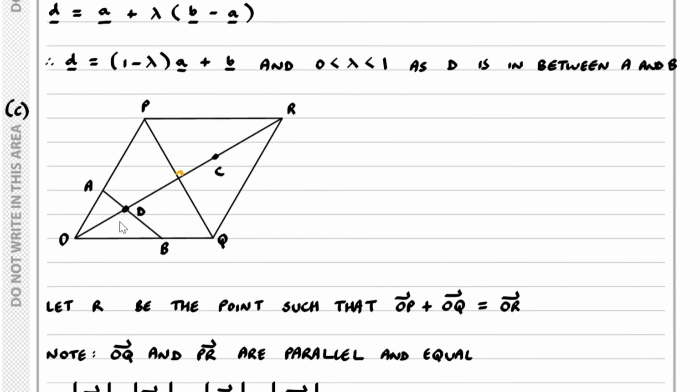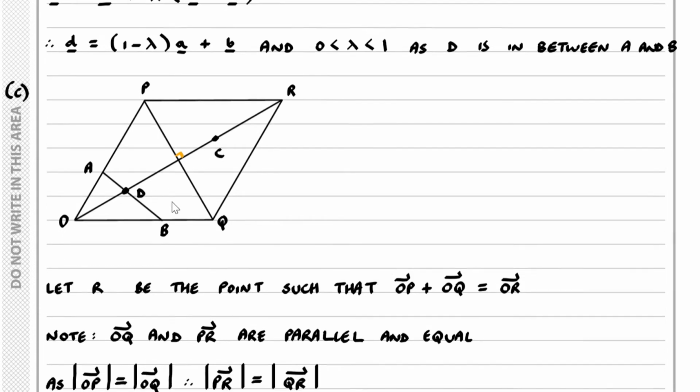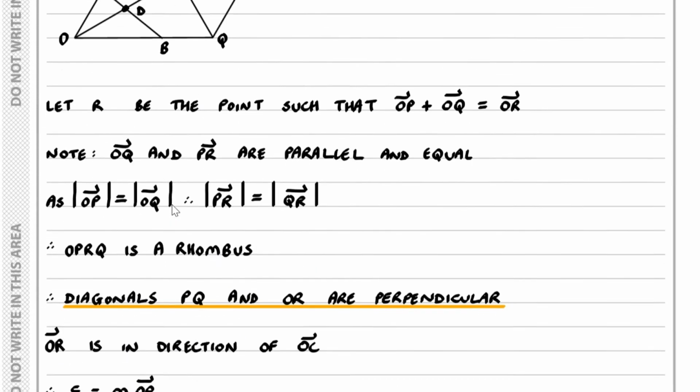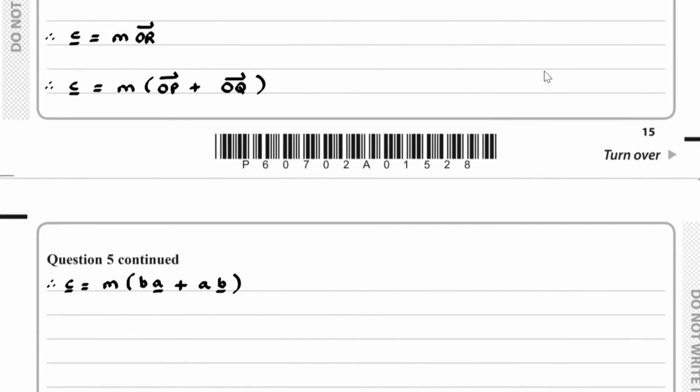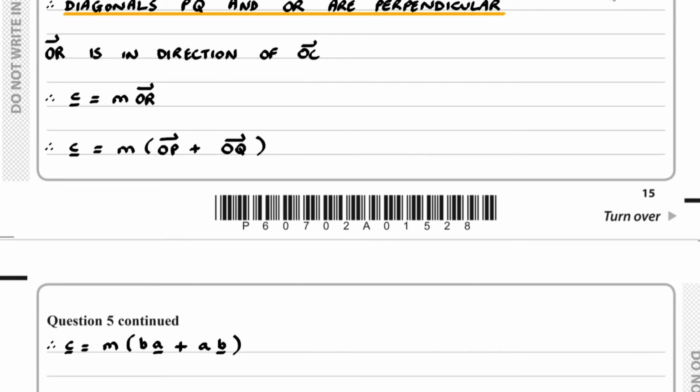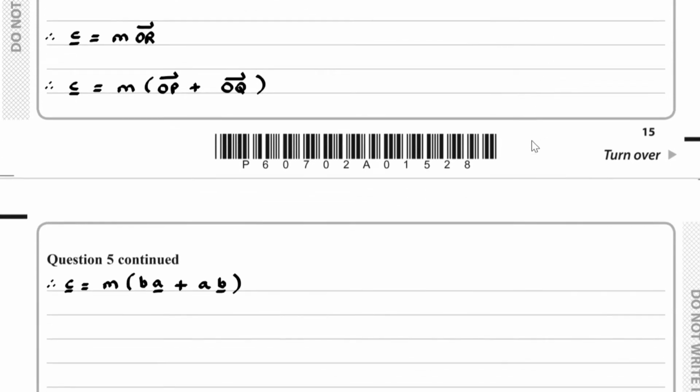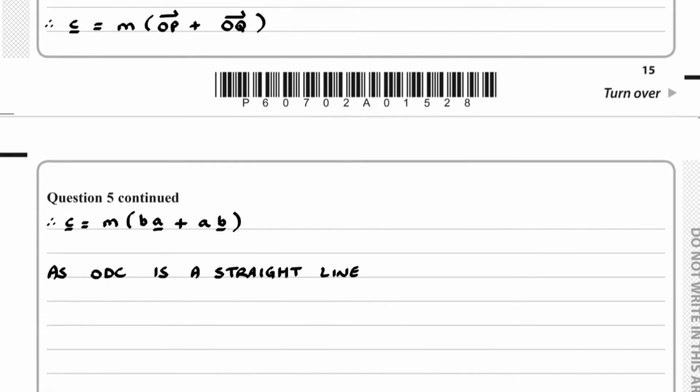Now, what we also know is D lies on the line containing C. So what we can also say is OC is in the direction of OD. So what we can say then is, as ODC is a straight line, we can therefore conclude that OD is equal to some multiple of OC.